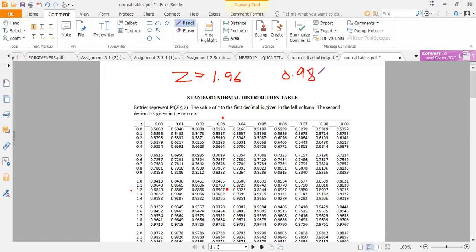If you don't have the exact one, you give me the closest possible. Let's do that simple exercise. So what is 1.96? Somebody to read and take us through. 1.96, what is the Z?